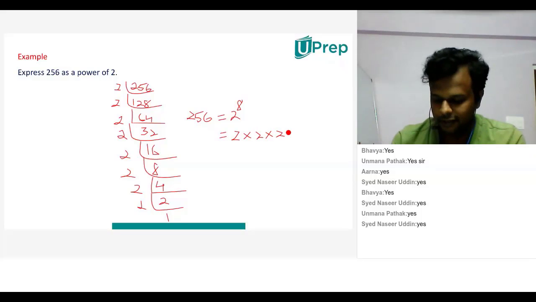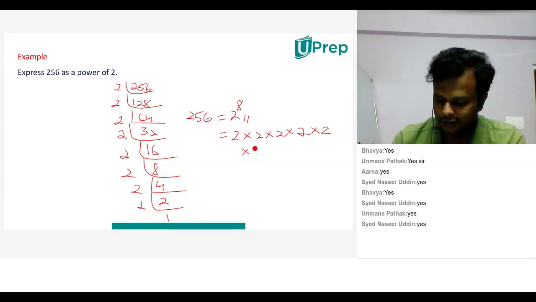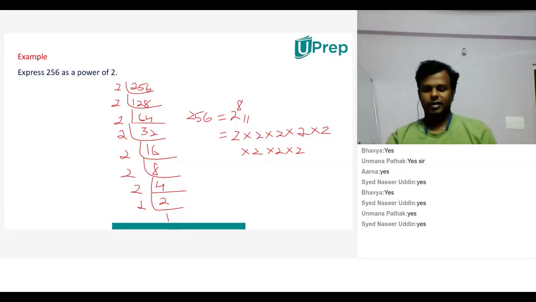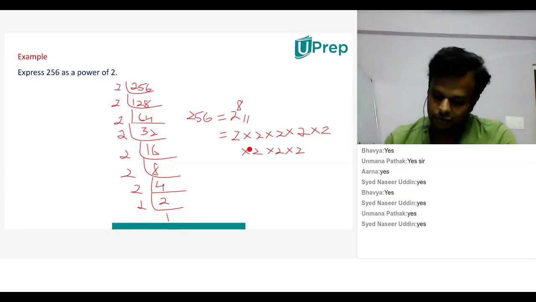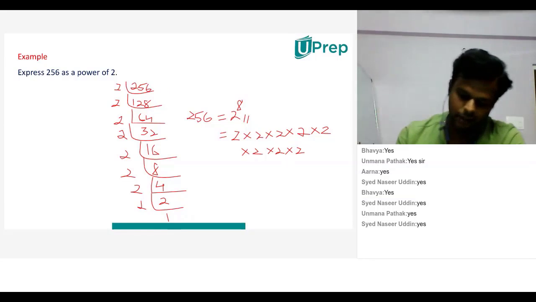This is just for your understanding, but I will generally write it the other way. So 2 power 8 is 256. This is how we do it, children.